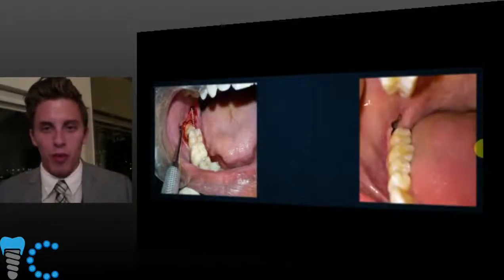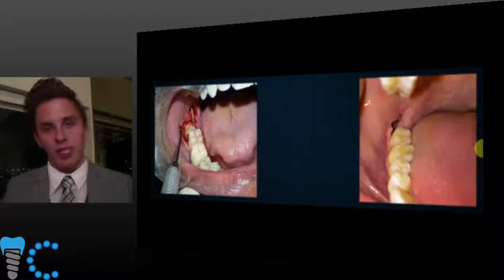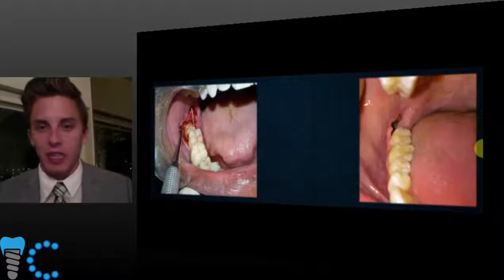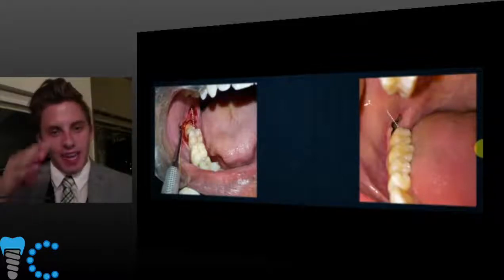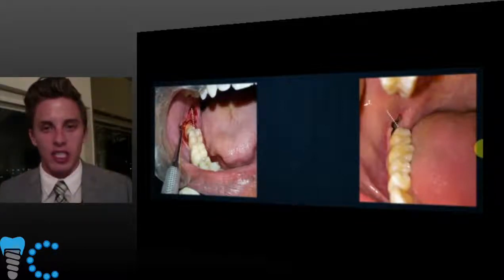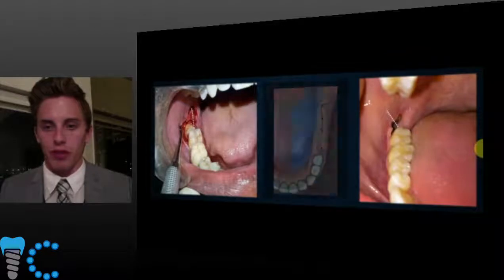This clinical photo on the right is better. We can see how the incision is more lateral into the buccal tissue. One of the caveats that we learned in surgery residency is angulating our incision to avoid the lingual nerve.